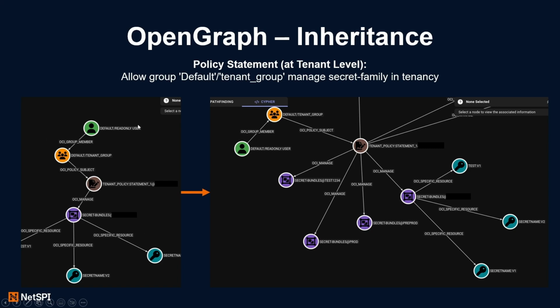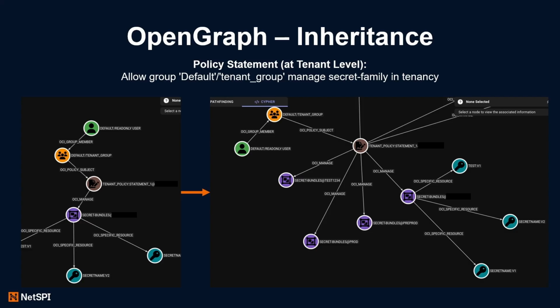Just a quick aside for most of these relationships. In terms of this specific example, let's say we have a policy that's like allow group tenant group to manage secret family in tenancy. Just in default mode, you would see the picture on the left, right? This user is part of this group who can manage all secret bundles, which includes these specific secrets. The problem is this was attached at the tenant level, right?